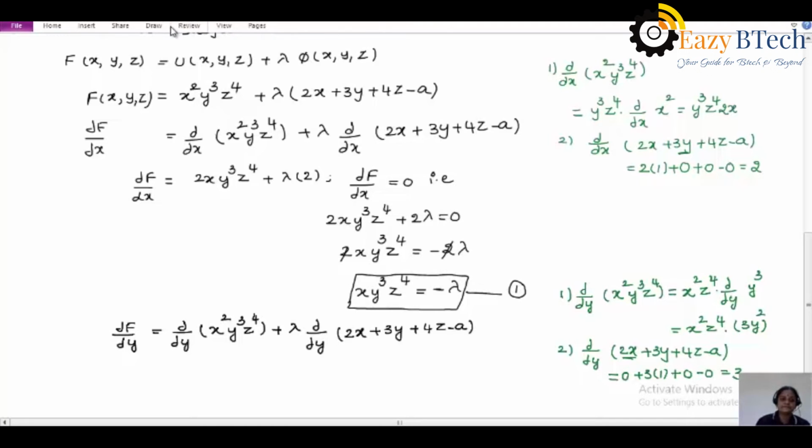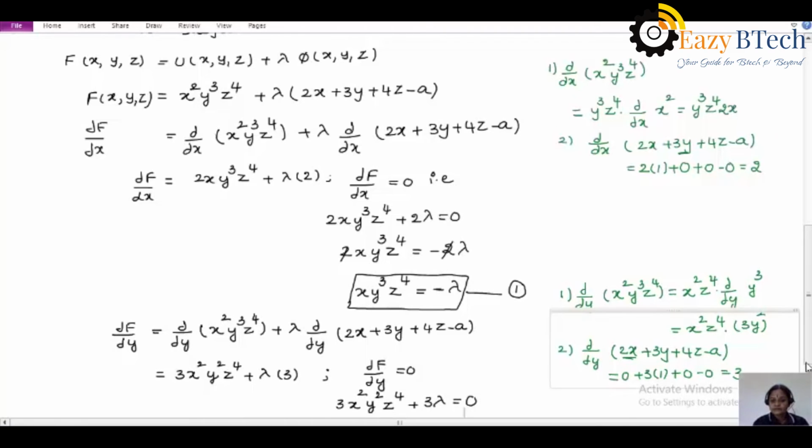Now substituting the value here, this value is nothing but 3x square y square z power 4 plus λ into 3. According to our procedure we have to equate this value to 0. Then 3x square y square z power 4 + 3λ = 0.